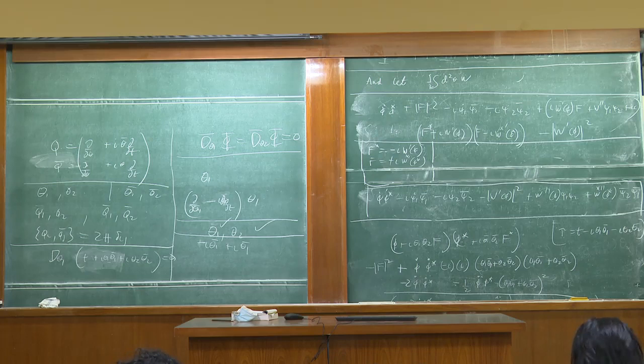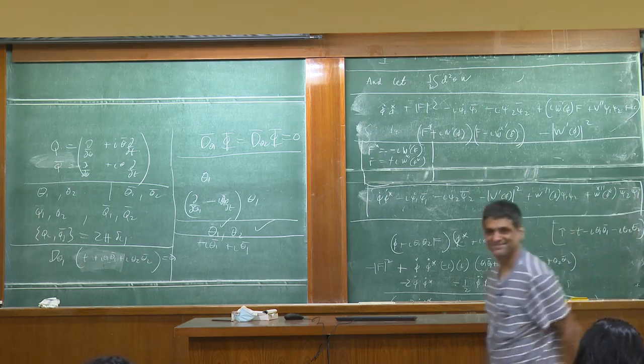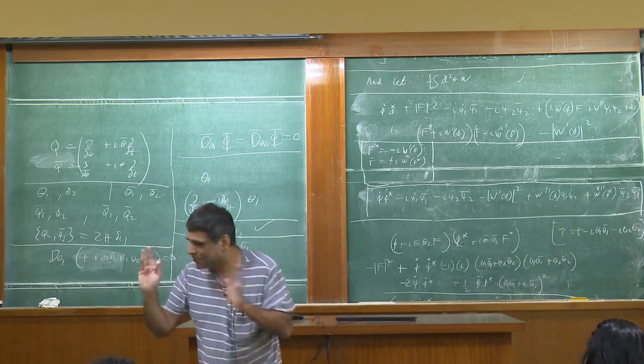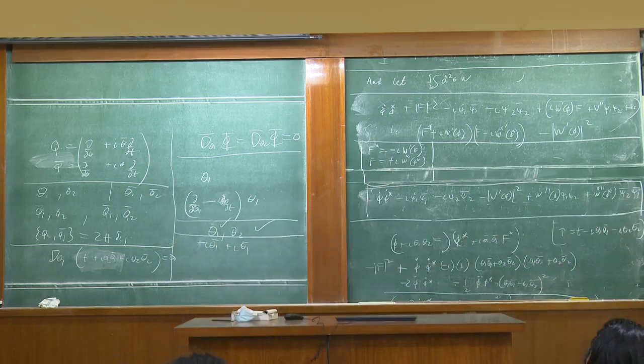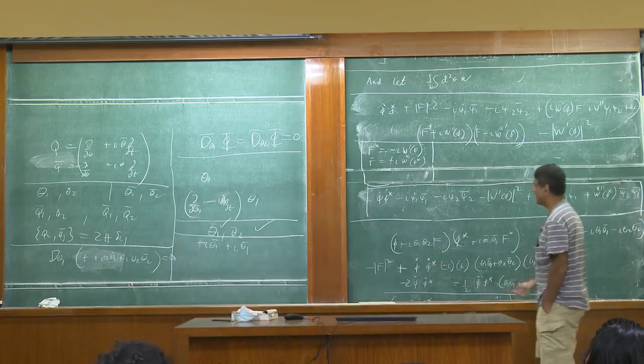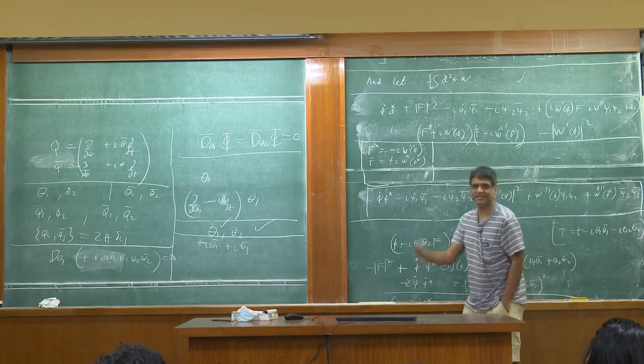W was some nice function of the variable phi, which was a complex variable. So it's the derivative of a holomorphic function mod squared. A little more structure. And we also have the fermions. Each fermion gives us a two-state system.